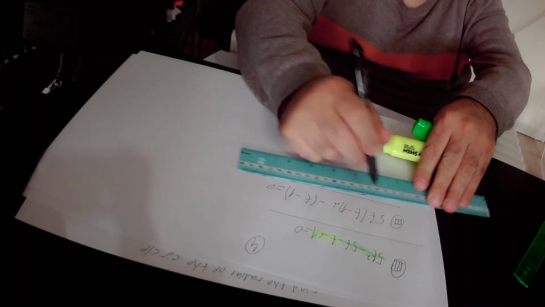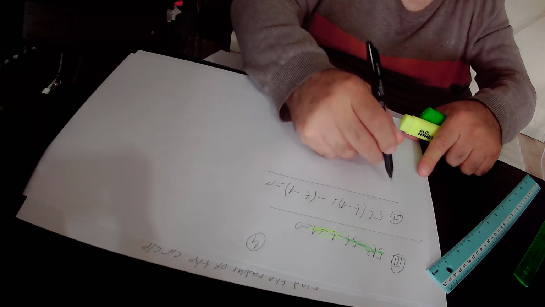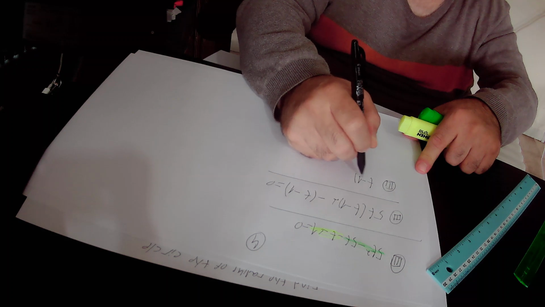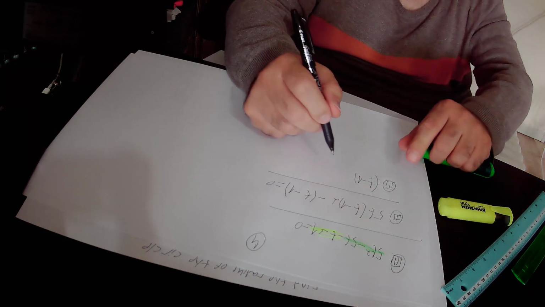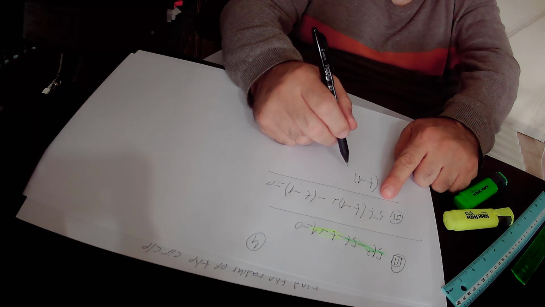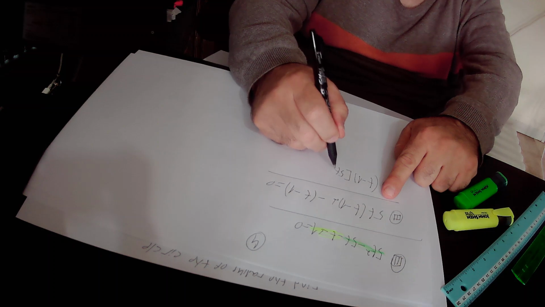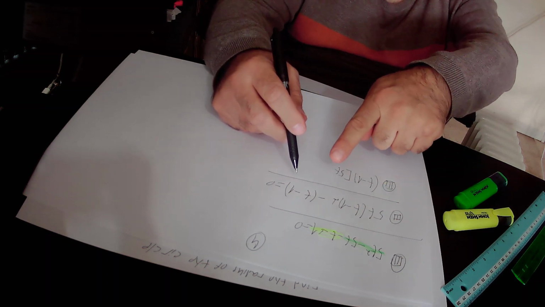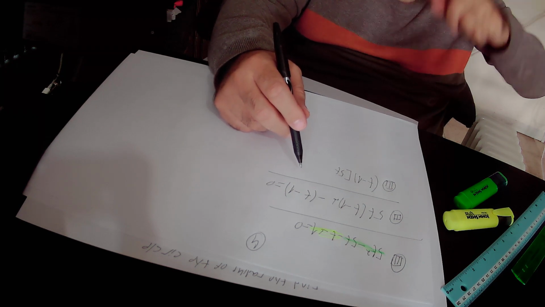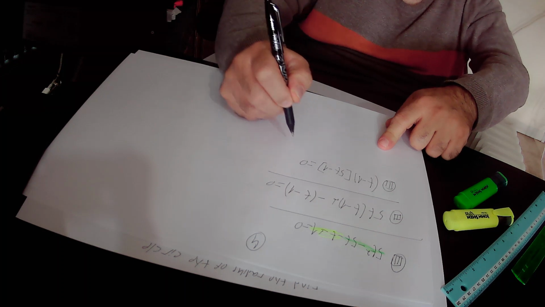In the next step, we take out t minus 1 as a common factor from those two expressions. What is left from 5t times (t minus 1) after we took from it t minus 1 as a common factor is actually 5t. And what is left from minus (t minus 1) is actually minus 1, equals to 0.